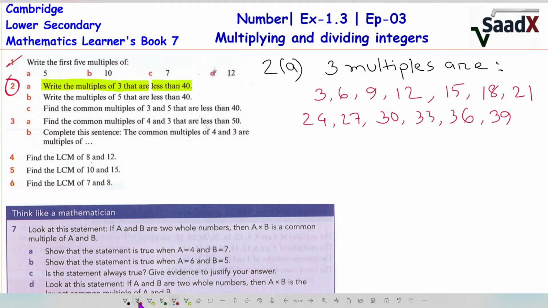All are less than 40. Okay, so number 2a done.